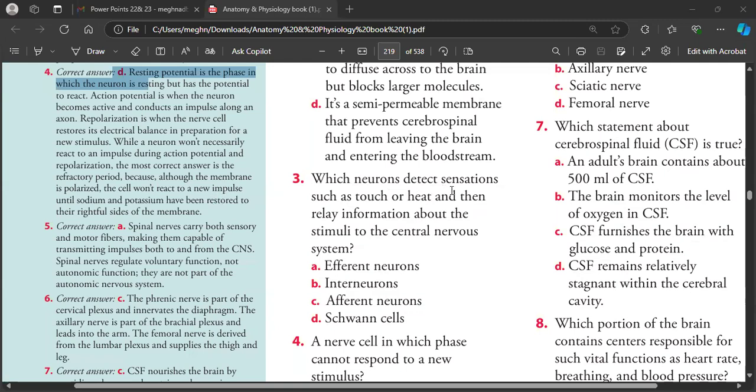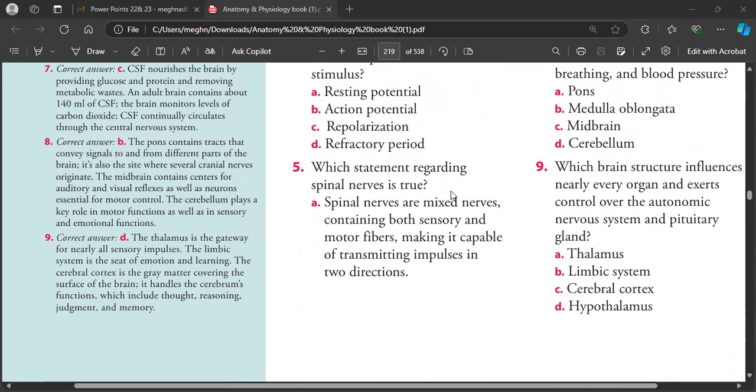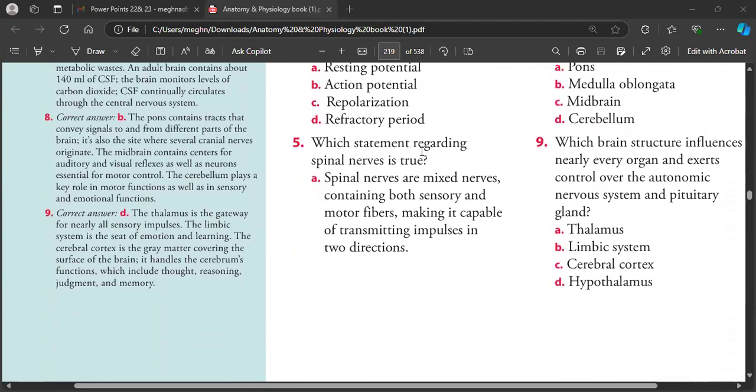So the next question we go here. Which statement regarding the spinal nerve is true? Can you read it? What did they say, number A? Yeah, question and answer. Which is true? Okay.